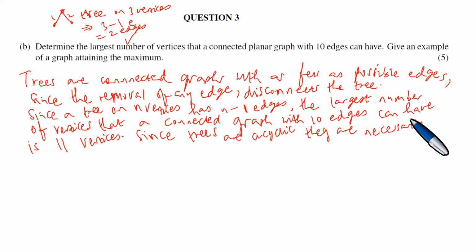They're not cyclic, like the graph we saw that was on 8 vertices, which was a cyclic graph. These trees themselves are acyclic.